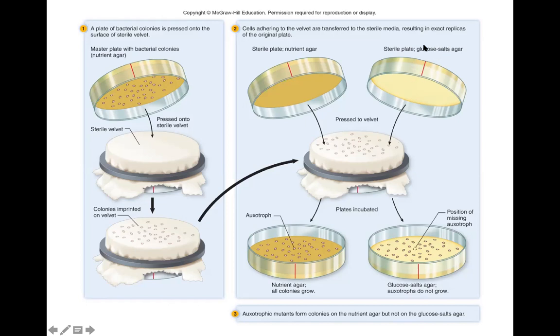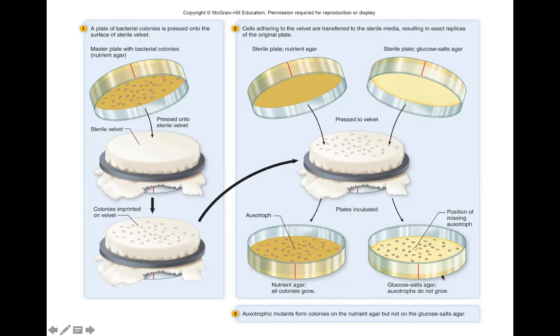Remember from previous biology classes, you could take a carbohydrate, break it down, and rearrange it to make an amino acid, or rearrange it to make a fat. So if you're a wild type bacteria, you can grow really well on this plate. If you're a mutant, though, this is lacking specific nutrients, so you can't grow.